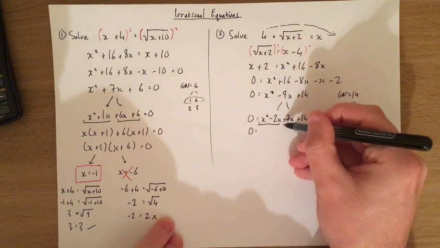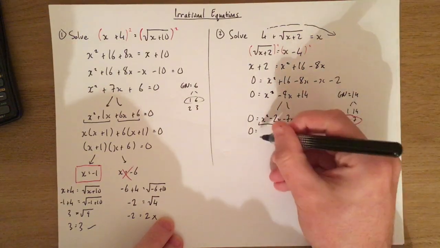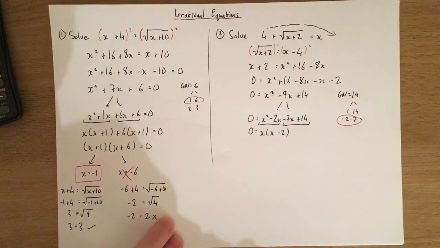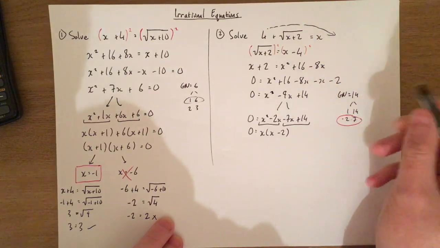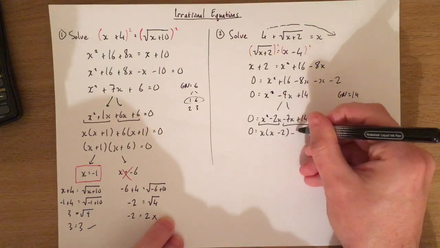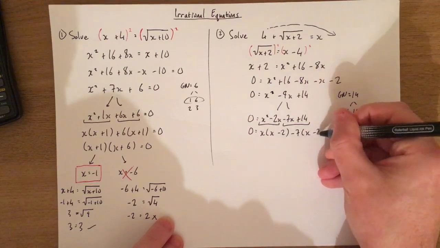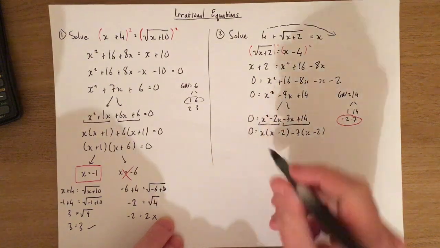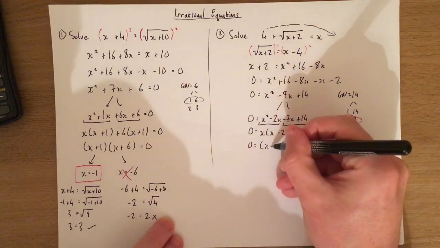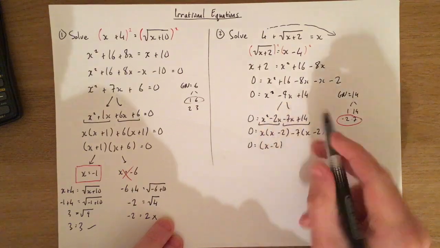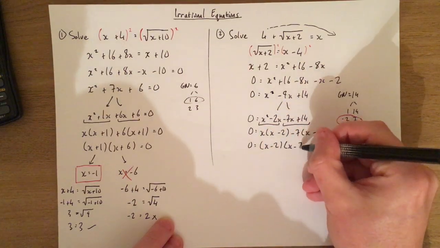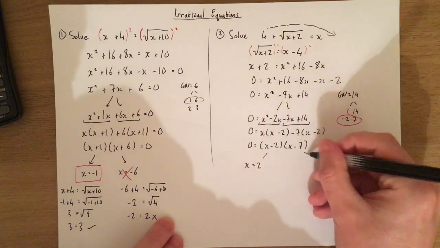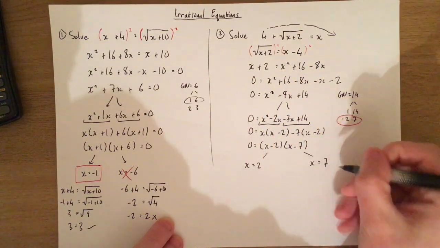Two groups of 2: x squared minus 2x, so x on x minus 2, minus 7x plus 14, so factorize the minus 7 out. So x minus 2 is common to both, so if I've done this right, factorize that out. I'm left with x minus 7. Alright, so x is equal to 2 or x is equal to 7.